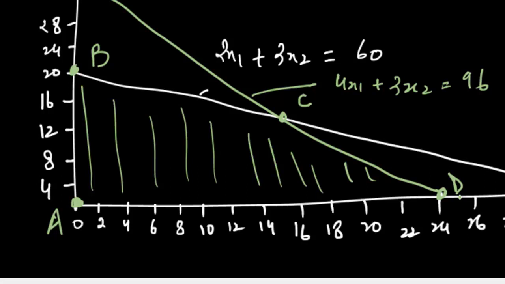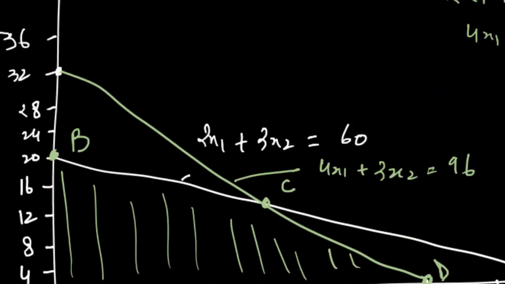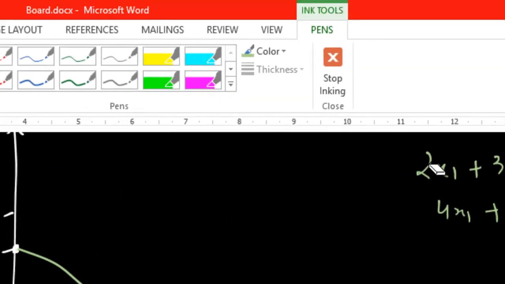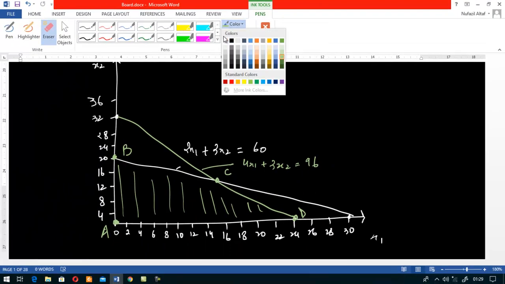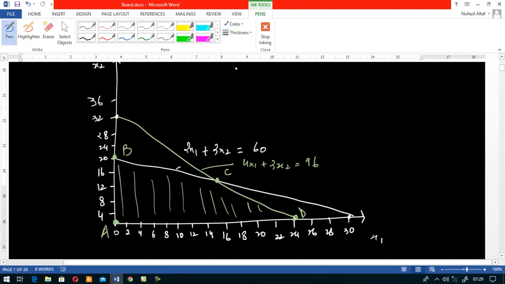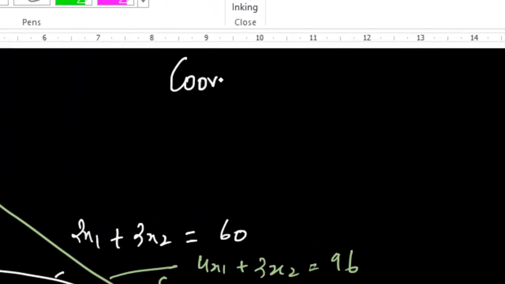For coordinates, I will simply look at the location of the points and read off their coordinates. That's very simple. Now let us write down the coordinates of A first.